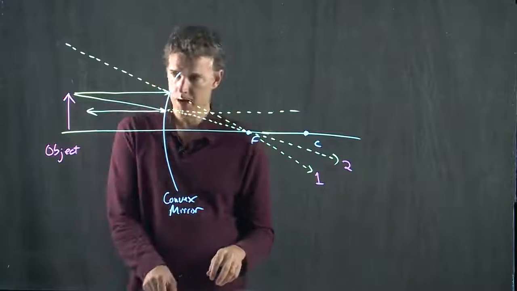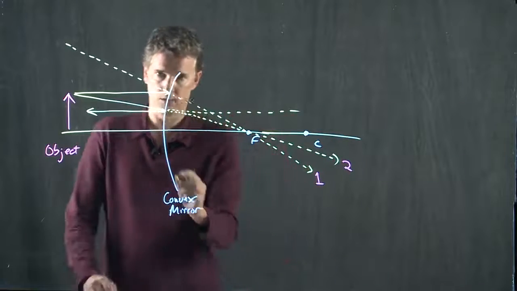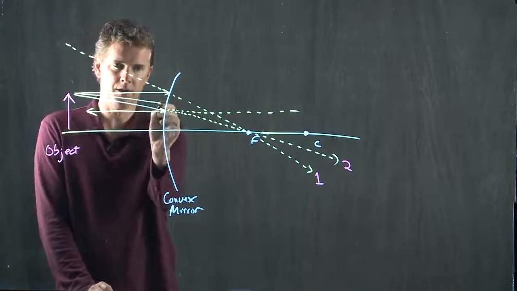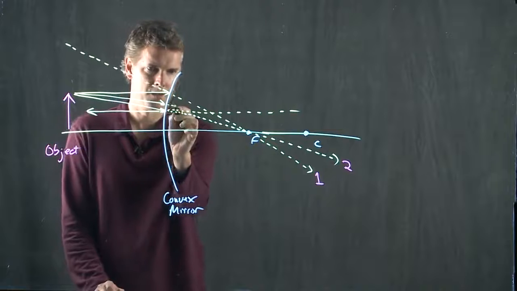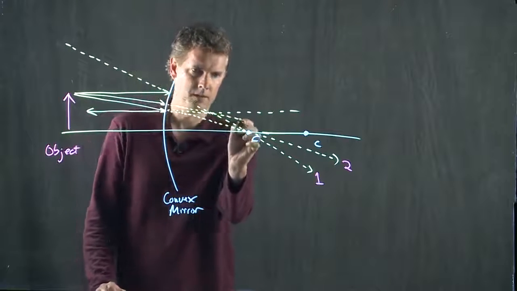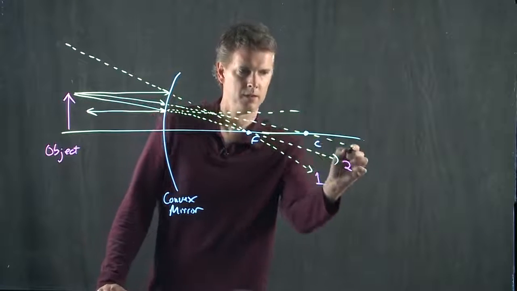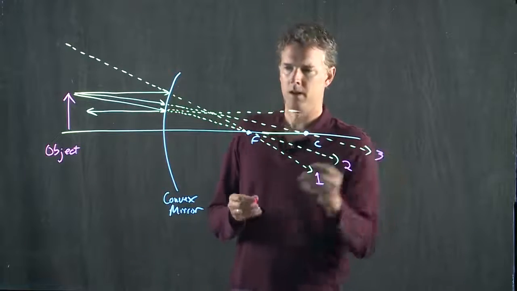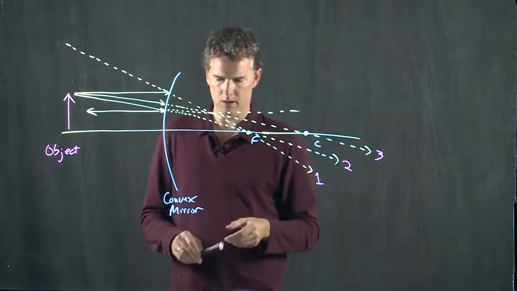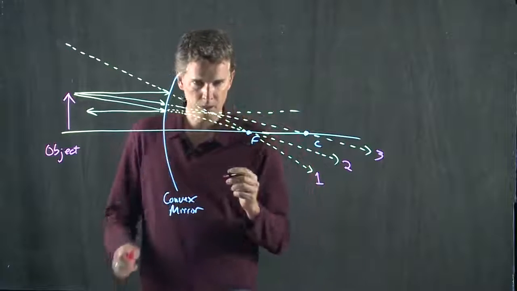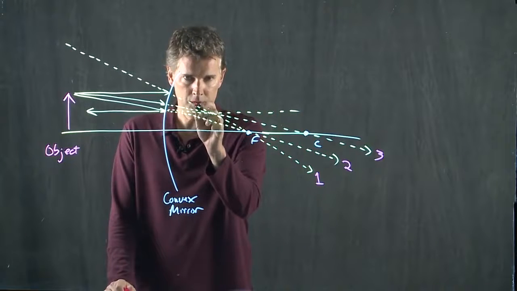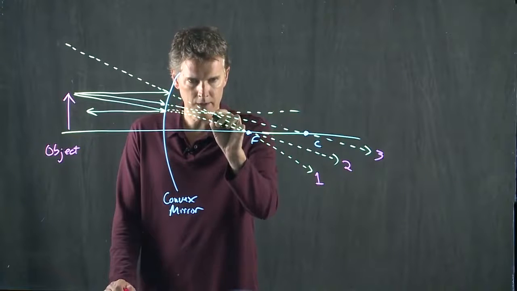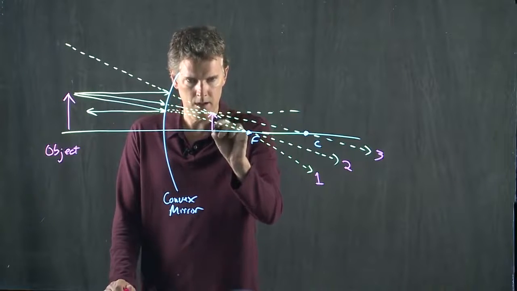And then ray 3 is the one that goes through the center. And if I go towards the center, off it goes. That's ray number 3. And now this is a little hard to see, but hopefully you can see that those 3 virtual rays all look like they are intercepting each other right there.